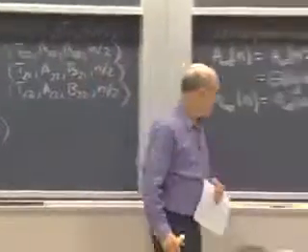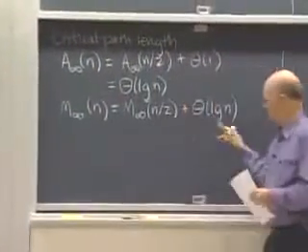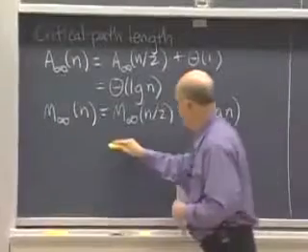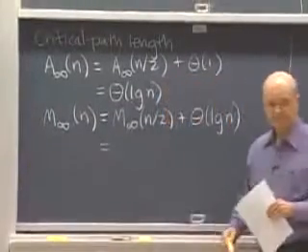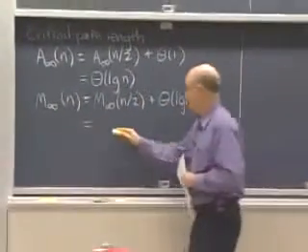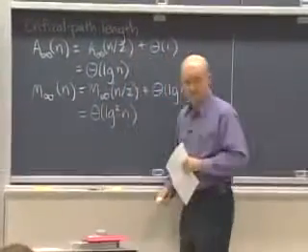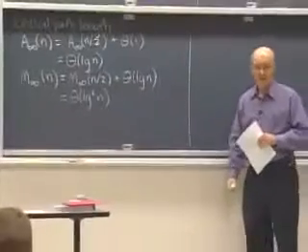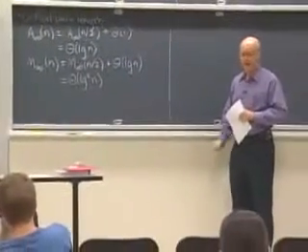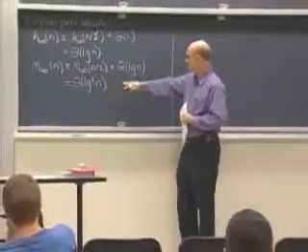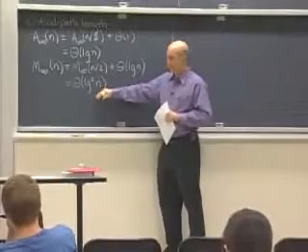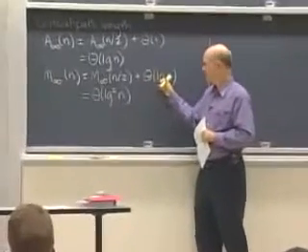Okay. So we get this recurrence, and that has solution what? Log squared. Yeah, theta log squared n, once again, by master method case 2, where this ends up being a constant versus log n.